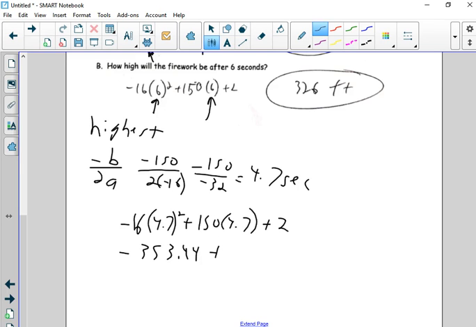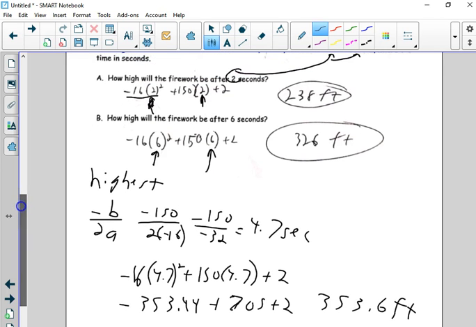Plus 150 times 4.7, 705 plus 2. So that's 707 minus 353.44. So approximately 353.6 feet. So that's the highest point in about 4.7 seconds.